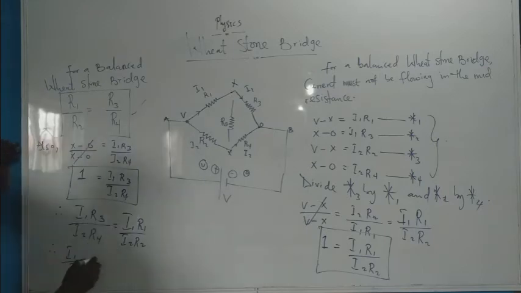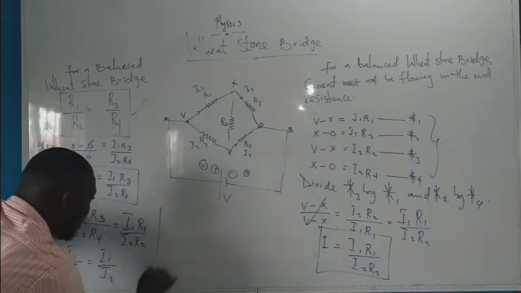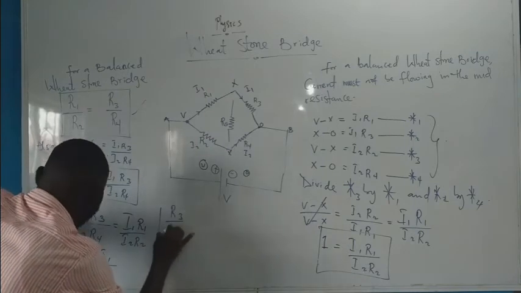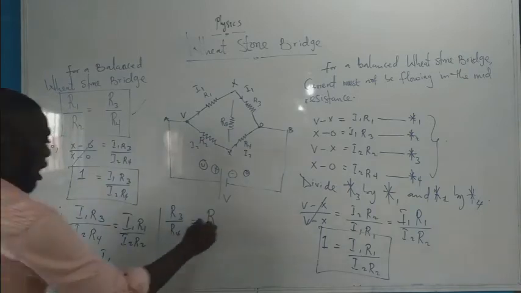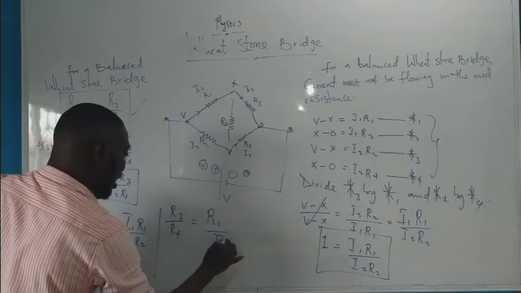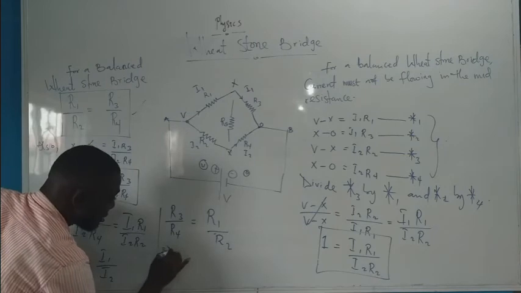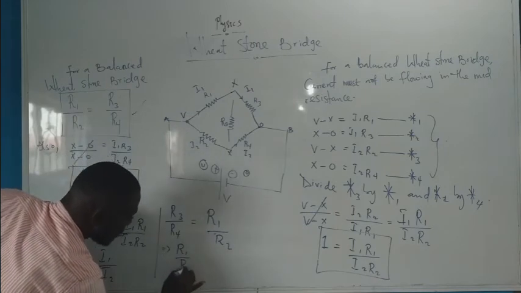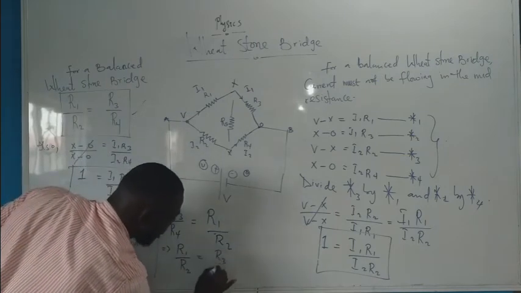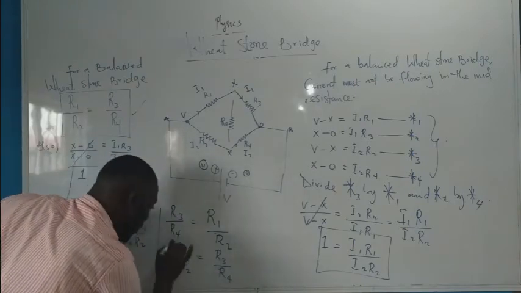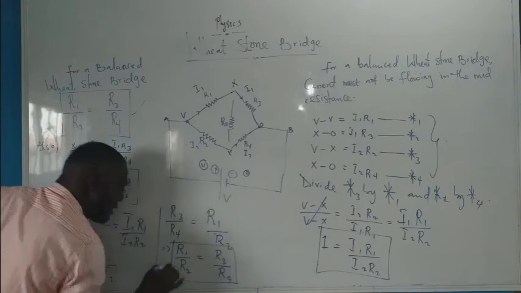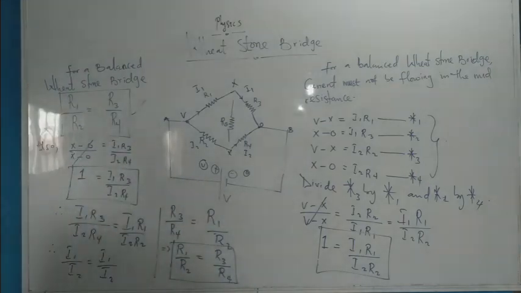And R3 upon R4 is equal to R1 upon R2, which is still the same thing as R1 upon R2 equals R3 upon R4.